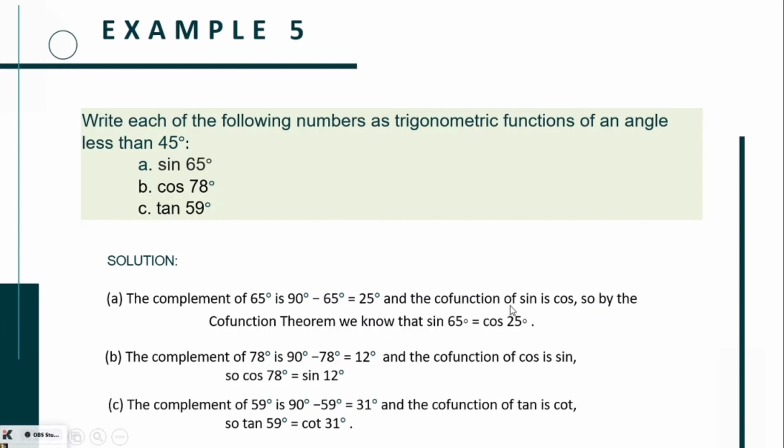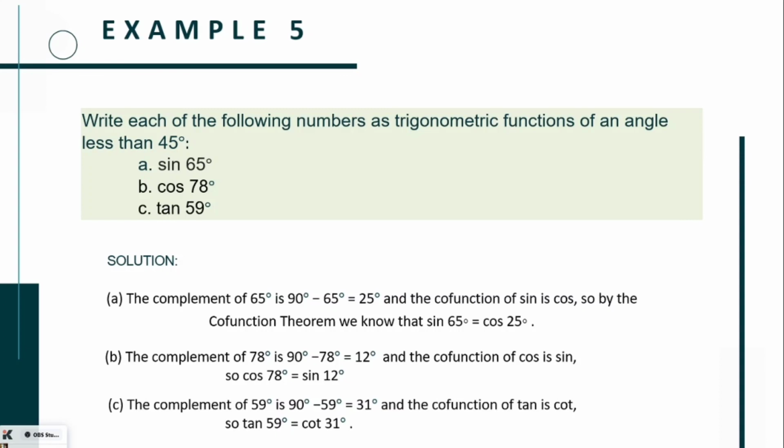The cofunction of sine is cosine. So by the cofunction theorem, sine 65 is equal to cosine of 25 degrees.